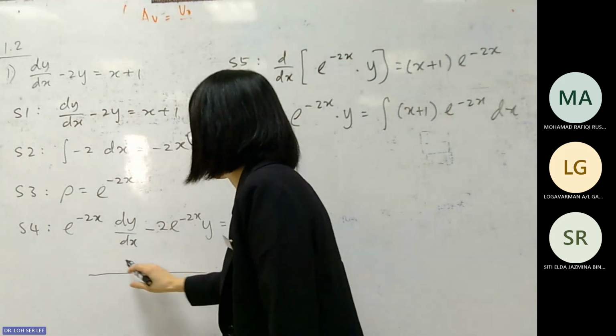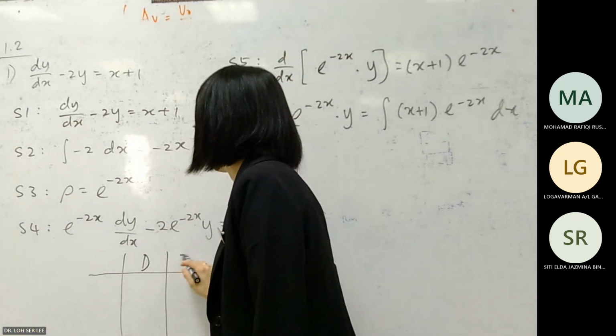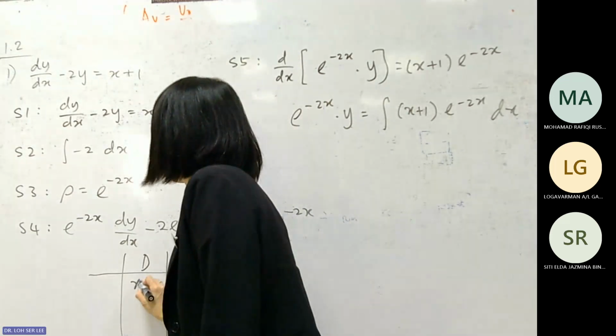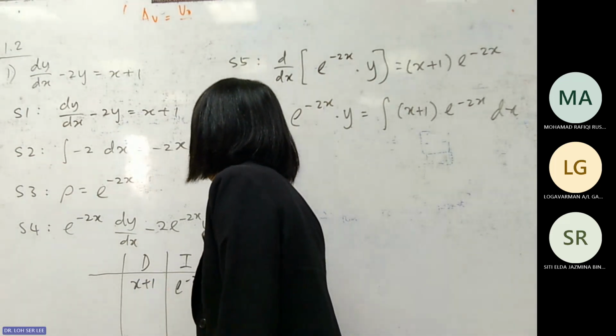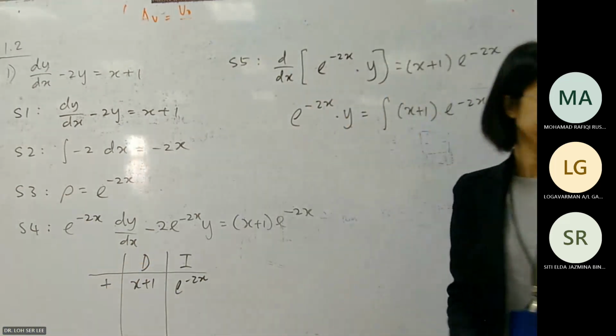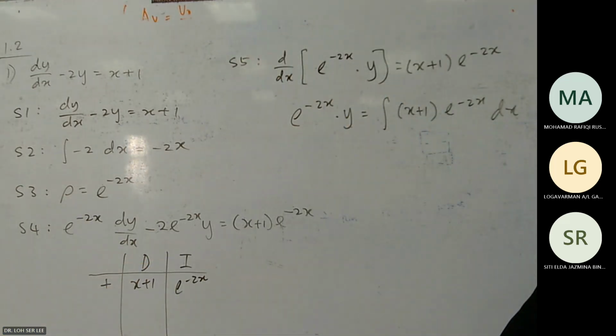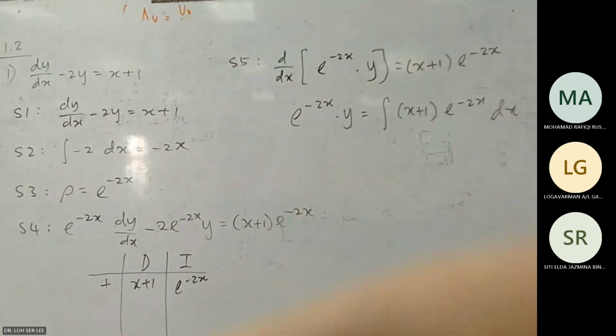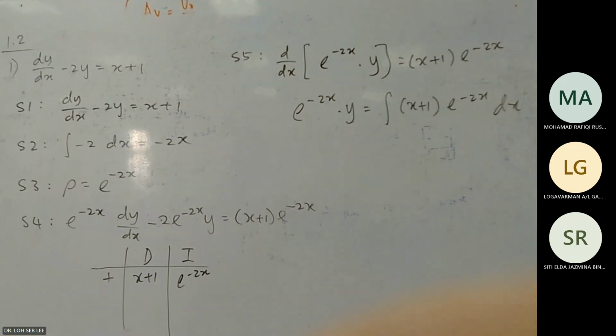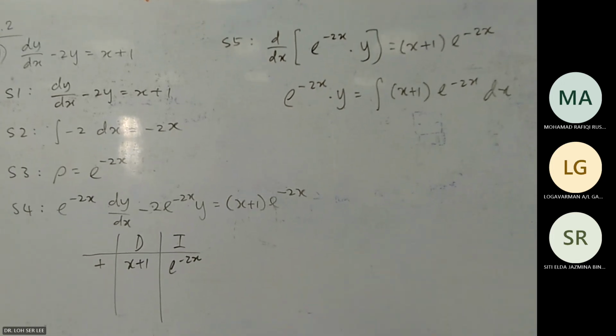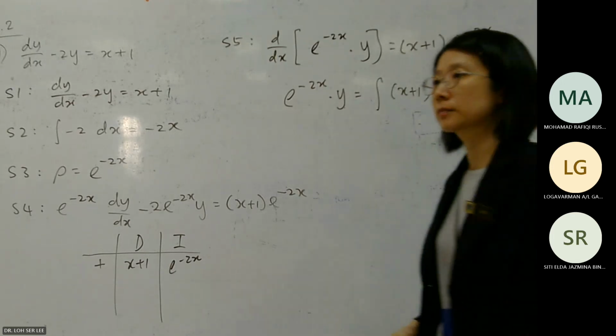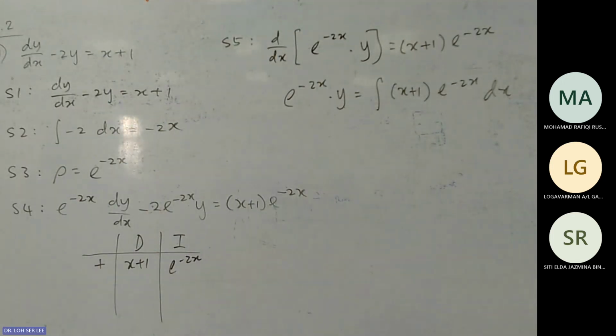Put the tabular table here: x plus 1, e^(-2x). Any questions?